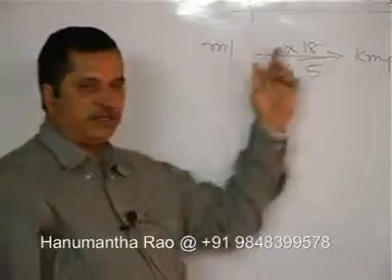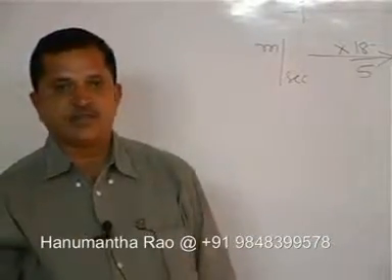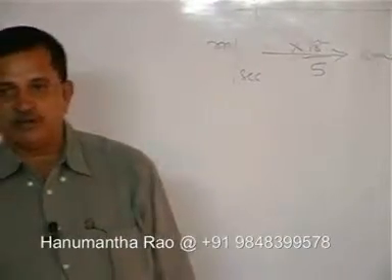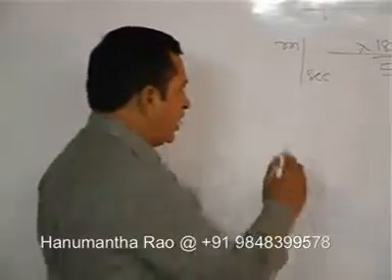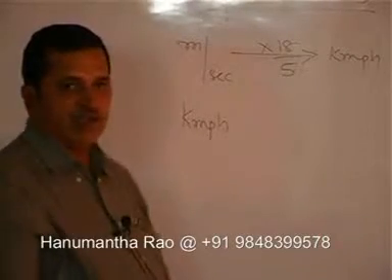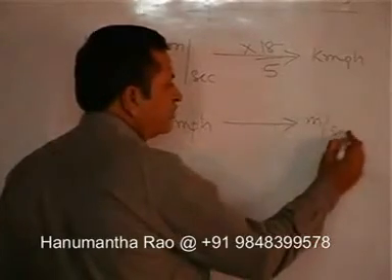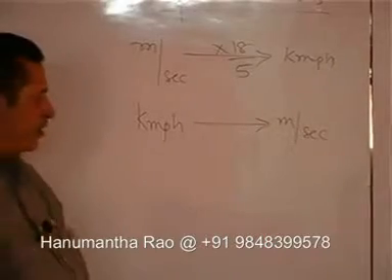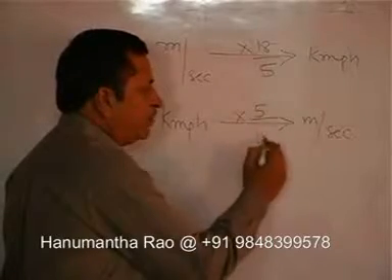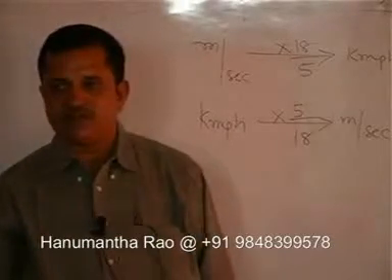Otherwise meters have to be converted into kilometers, then seconds to minutes and minutes to hours, which takes time. So the constant value is given already. If you multiply by 18 by 5, it will be converted into kilometers per hour. If the speed is in kilometers per hour and you want to convert it to meters per second, you multiply by 5 by 18. You already know all this information.